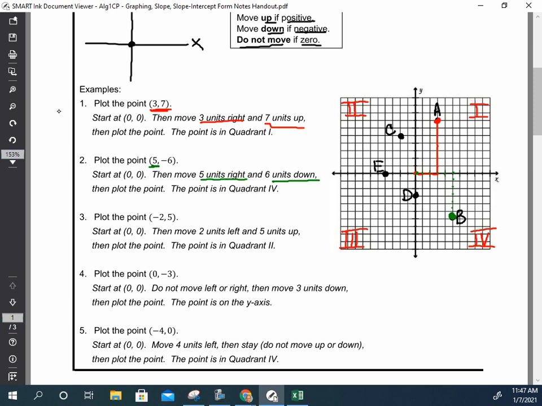So, any questions on plotting points before we move on? Remember, closed mouths don't get fed. Some of y'all know how much you struggled in the first semester. If you don't change what you do, then you shouldn't expect to get anything better than what you got the first time around.